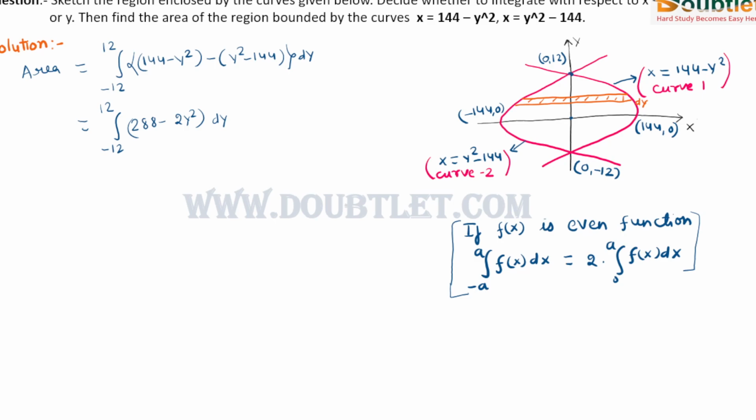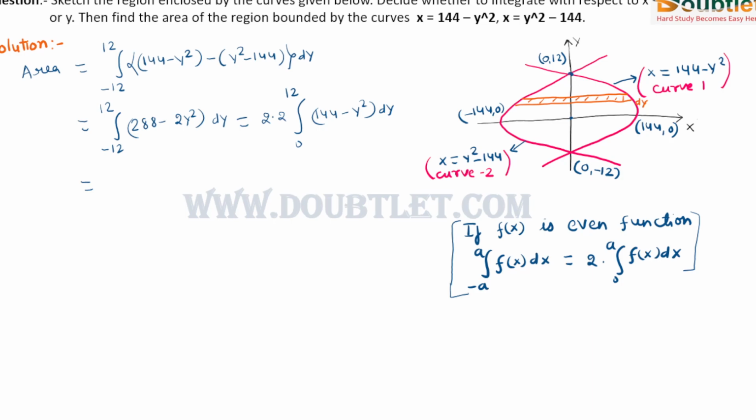So 2 will come out common from these both, and 2 will be added. So 2 into 2, this will be 0 to 12, and we can write 144 minus y square, and this will be dy.